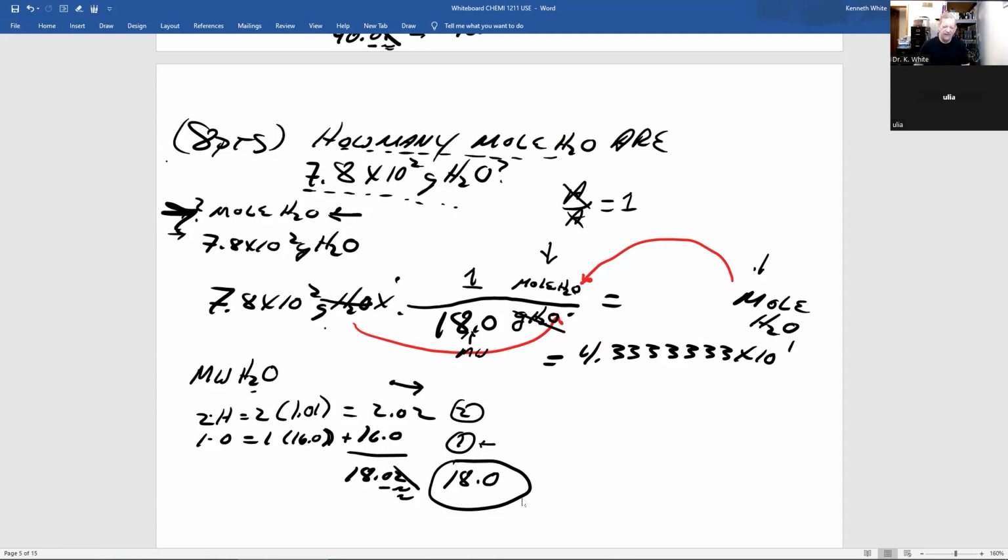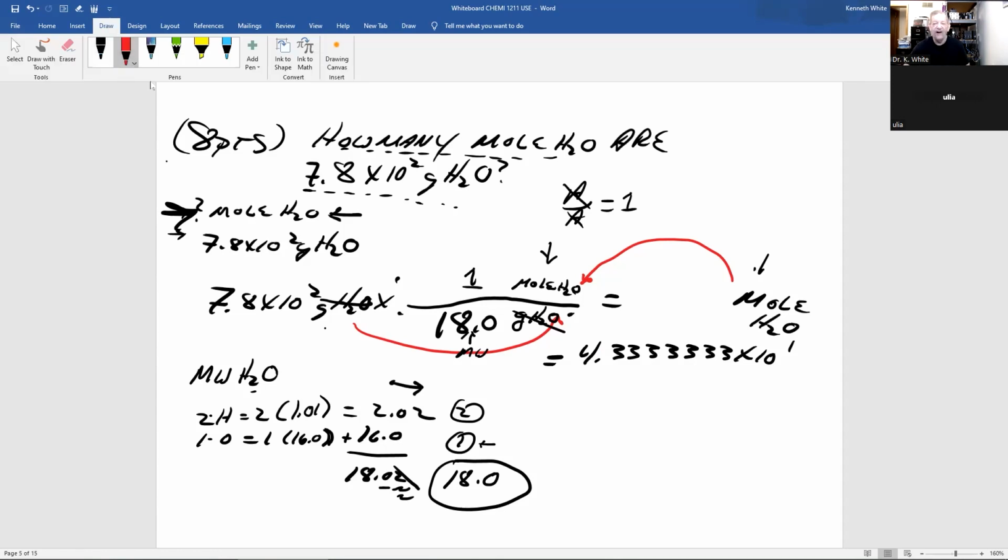And remember, your answer should have the same number of significant figures as the number that has the lowest significant figures in the numbers you're multiplying, dividing. I'll help you out, but you should do this on your own. Everybody hit the pause button and figure out how many significant figures are in everything you're multiplying, dividing by. Now you can turn it back on.